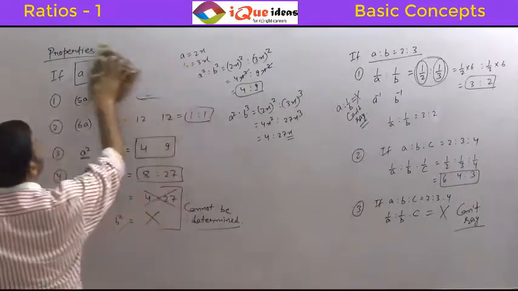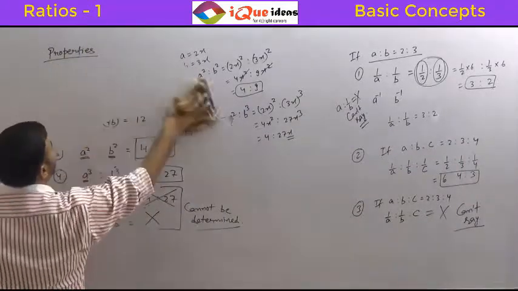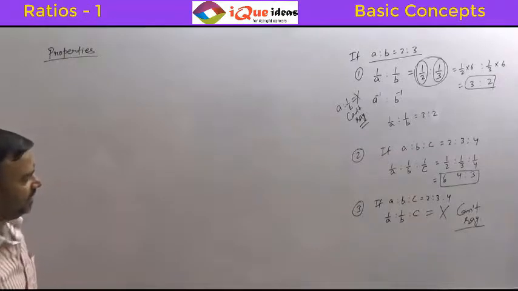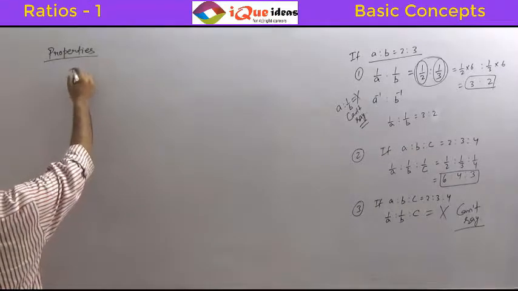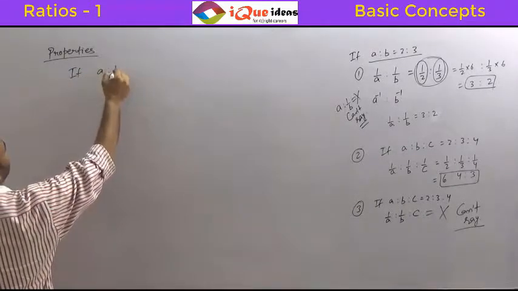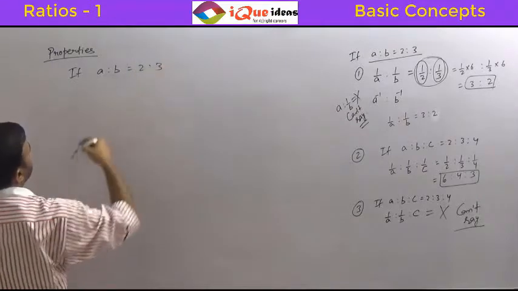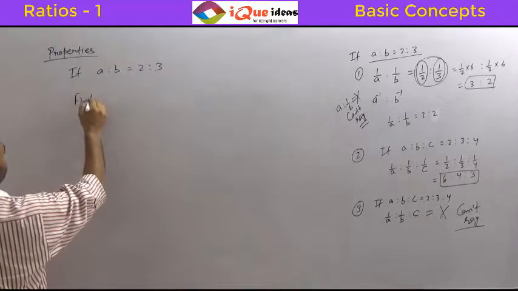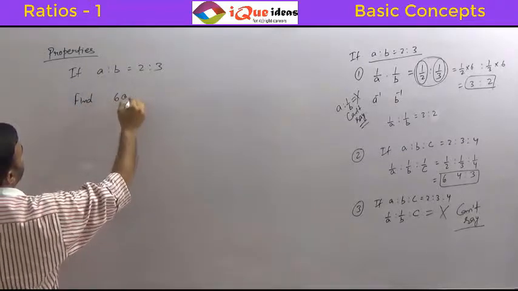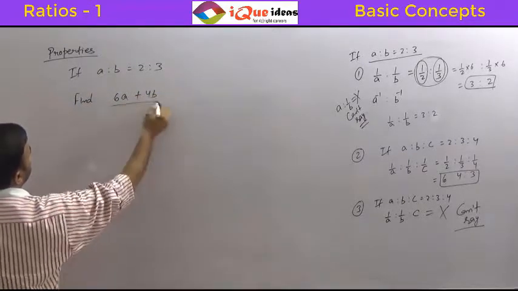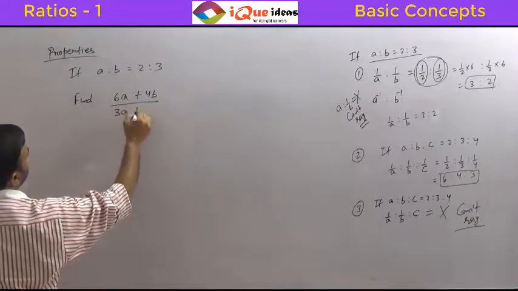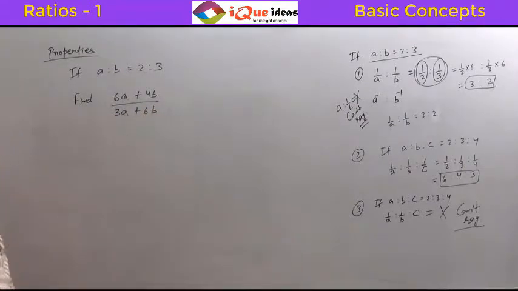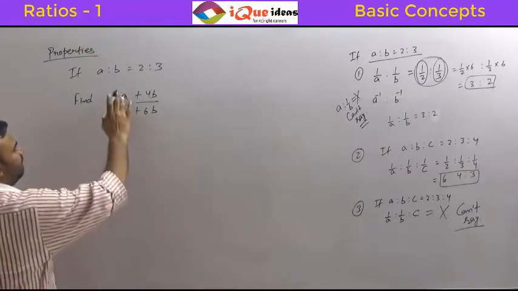Before that, we'll take some more properties, then we'll take some questions. Suppose we have one more type of property. If A is to B is 2 is to 3, find the value of 6A plus 4B divided by 3A plus 6B, something like that. First of all, can we calculate?